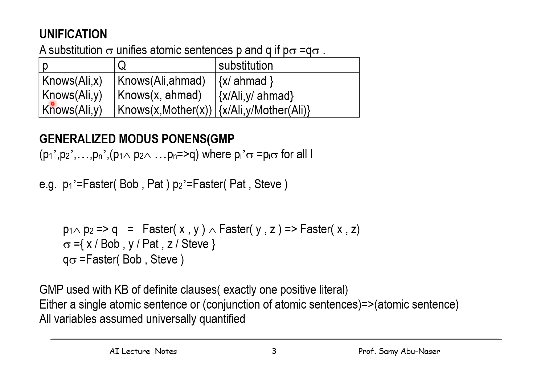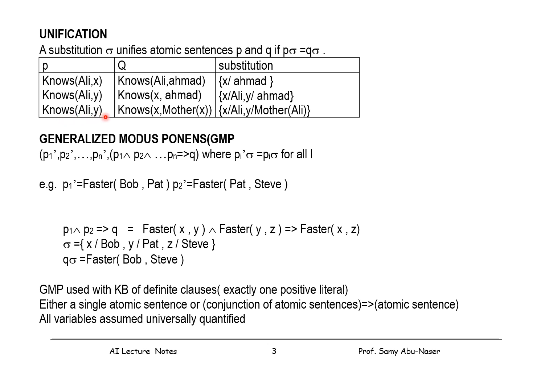There is another example: Knows(Ali, y) and Knows(x, Ahmed). We talk about the same predicate here. x takes the value Ali and y takes the value Ahmed. Here x is substituted with Ali, y substituted with Ahmed.